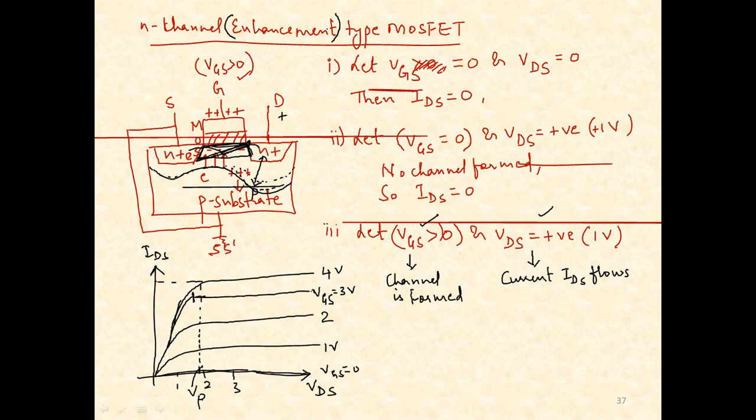However, in this case, as VGS increases, the channel strength increases, enhances, due to which it is called enhancement type MOSFET. So, straightforward, as VGS increases, the current enhances, or the current increases.